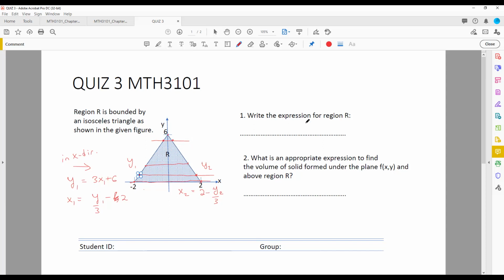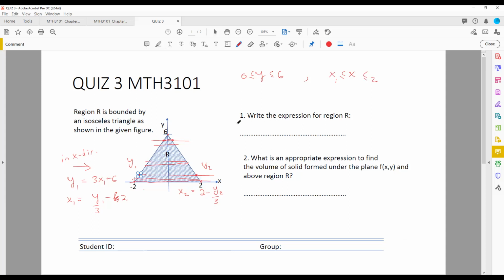In this case, y should go from 0 to 6, because it goes along this line, 0 to 6, but now x should go from x1 to x2.